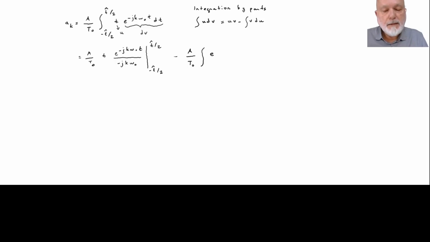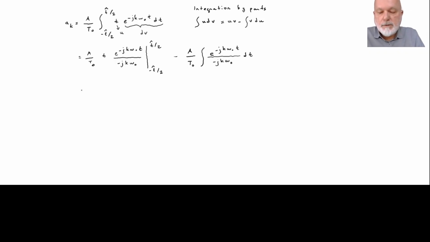So we have e to minus jk omega 0 t, and u is t, therefore du is dt. Sorry, v is e to minus jk omega 0 t divided by minus jk omega 0.